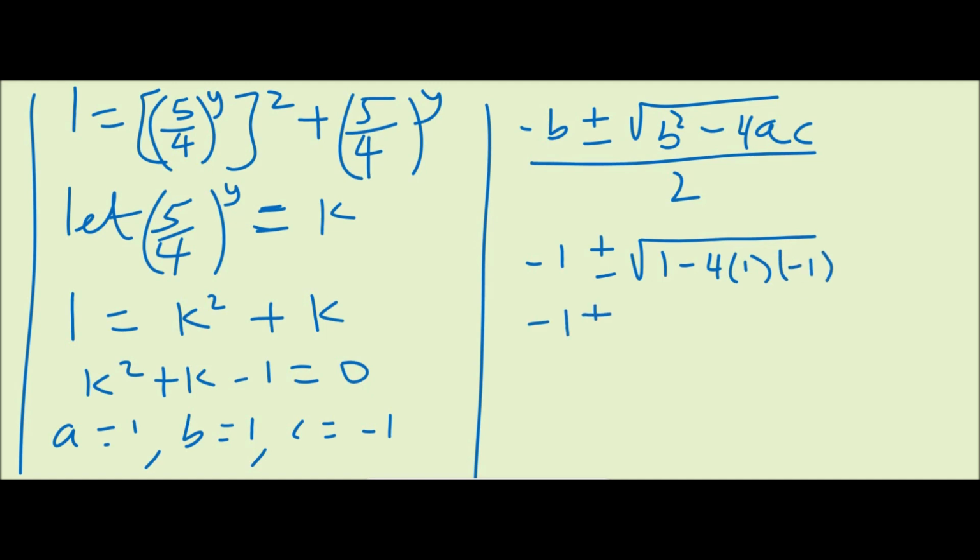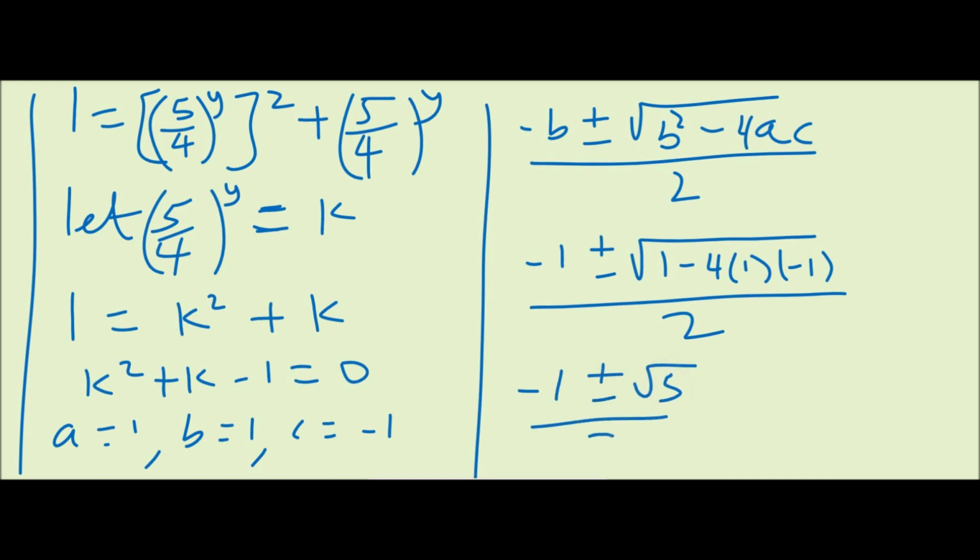Sorry, I should put over 2 here before moving on. So I have minus 1 plus or minus the square root of 5, divided by 2. So I've gotten the k value.